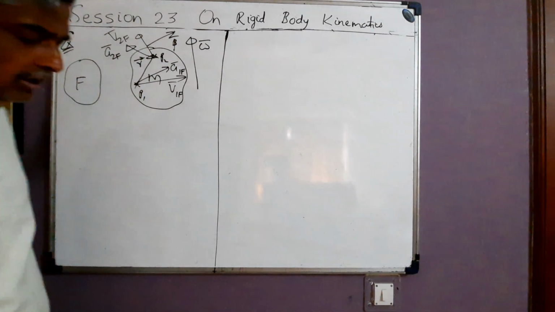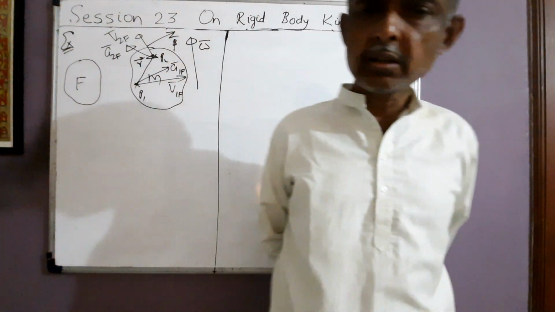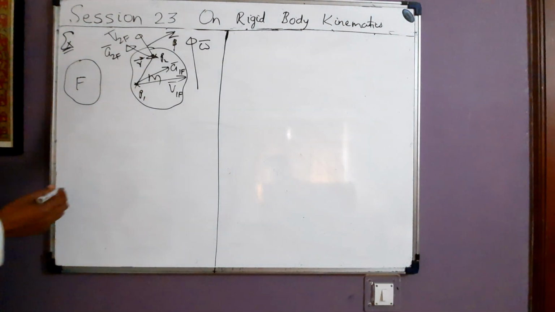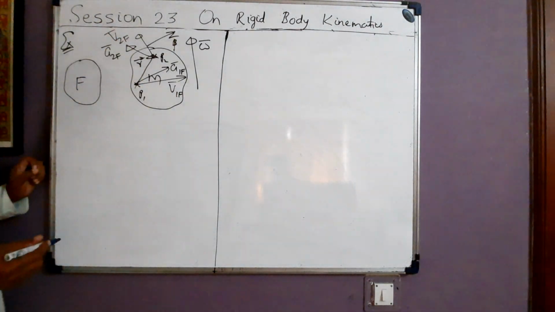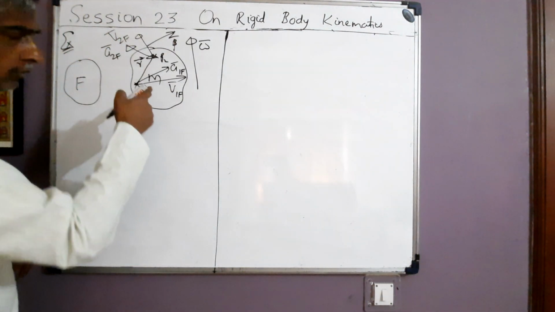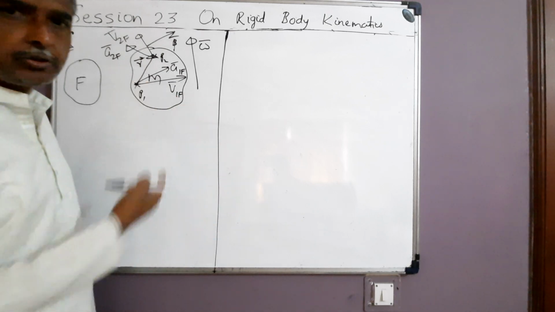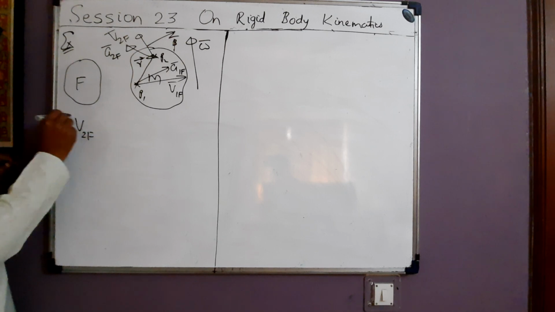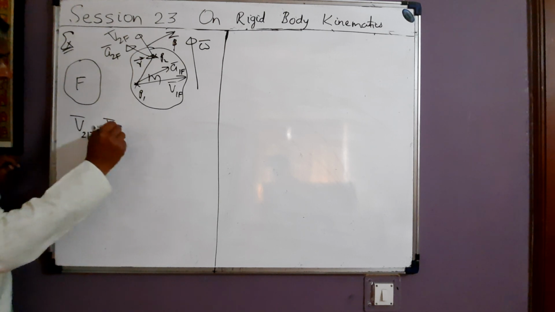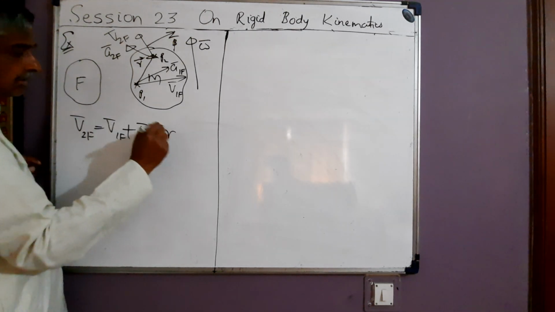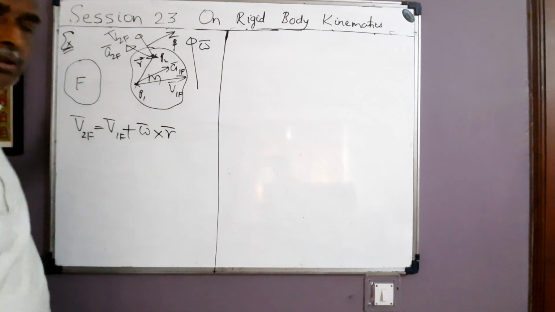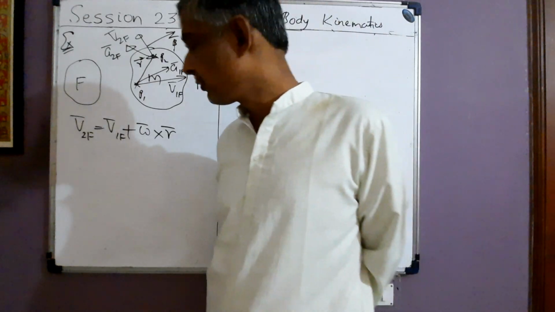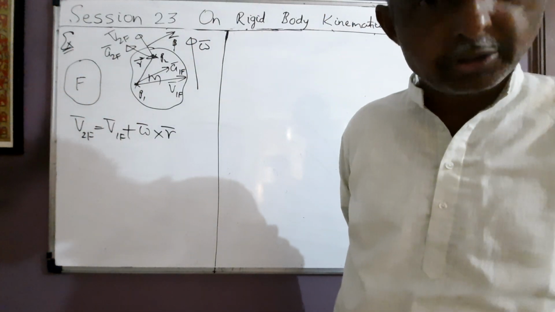Now, in the second video on rigid body kinematics, I discussed the relationship between V2F and V1F. In that video, the result was derived. If you go to that second video, you will get all the details. The result was this: V2F is equal to V1F plus omega cross R. This was termed as the velocity equation for a rotating rigid body.